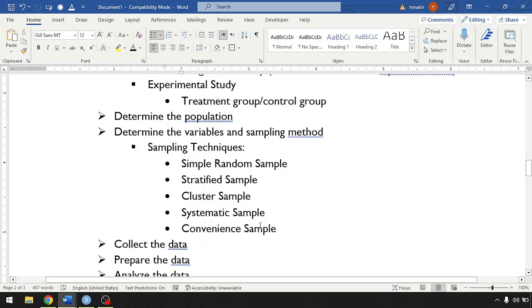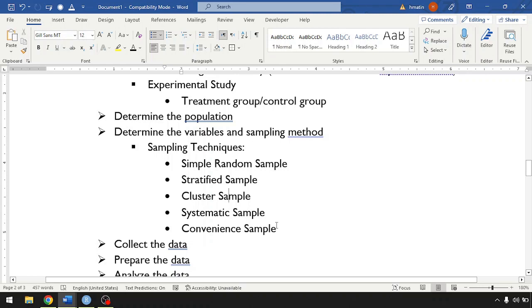And lastly, convenience sampling, as the name describes, is when you decide to draw your sample from a place that's very convenient to both the objective of the study and the methods.